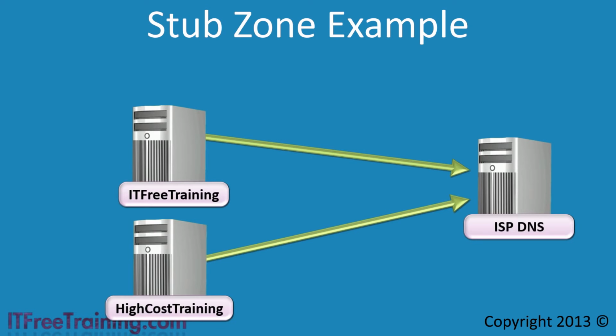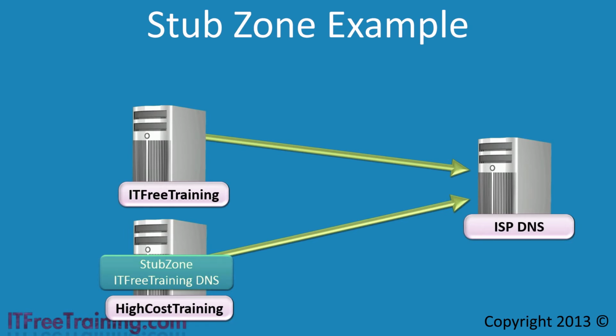If a computer on the High Cost Training domain wanted to resolve a computer located on the IT Free Training network, the request would be forwarded to the ISP's DNS server, which would not know how to resolve it. So you want to forward requests like these to the IT Free Training DNS server. To achieve this, a stub zone is created on the High Cost Training DNS server.